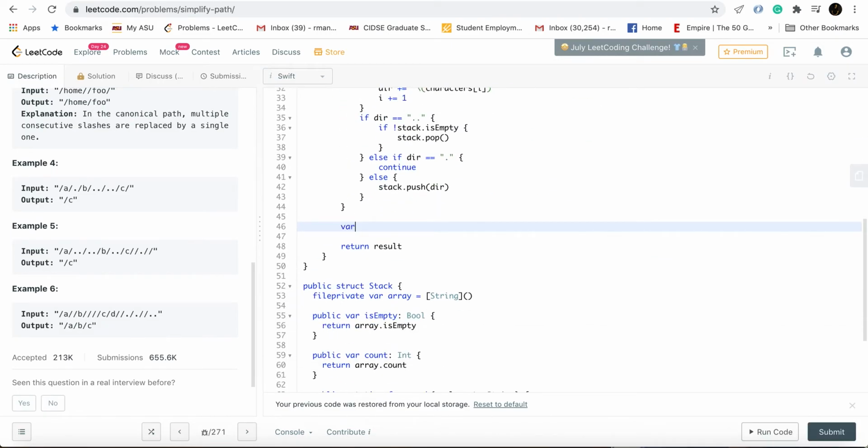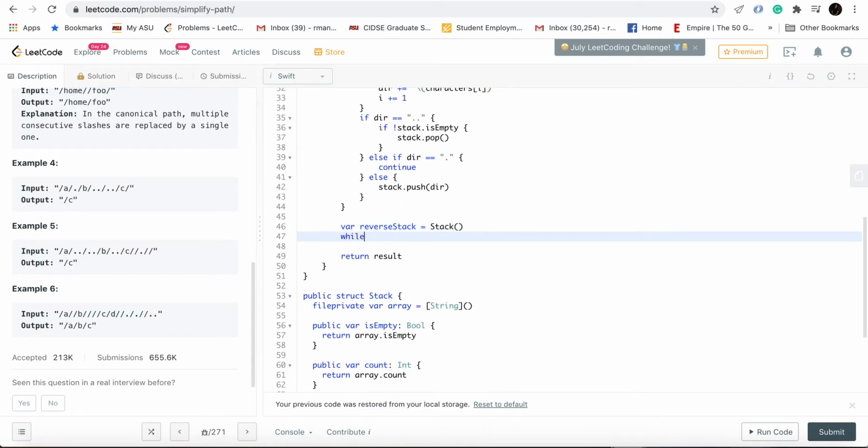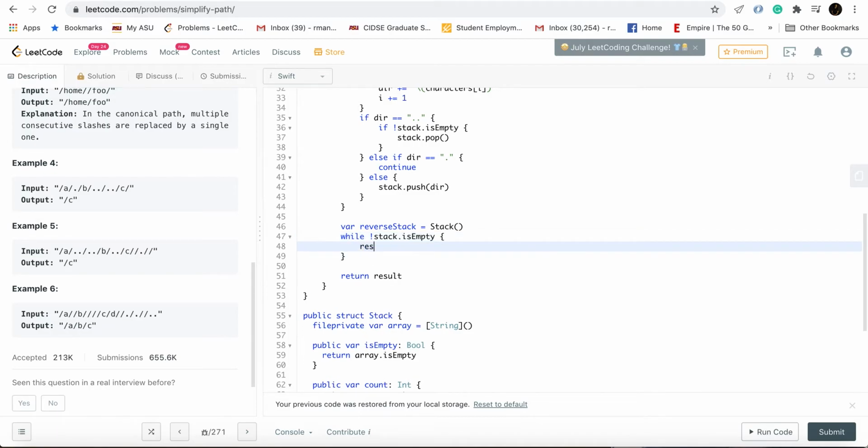So let's say we define a reverse stack. Okay. So while stack isn't empty, I think there would be better ways of doing this, but that is something you can explore on your own time. What I want to present here is just the core logic of the problem, but let's just go with this for now.